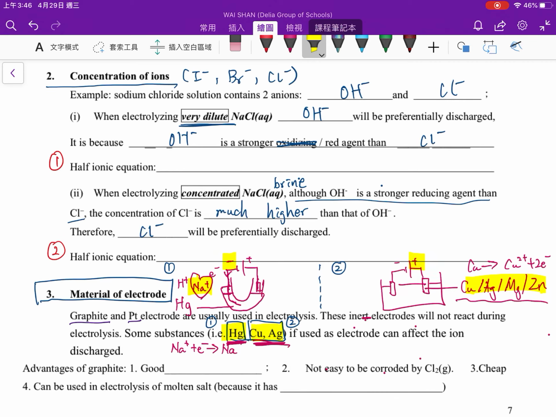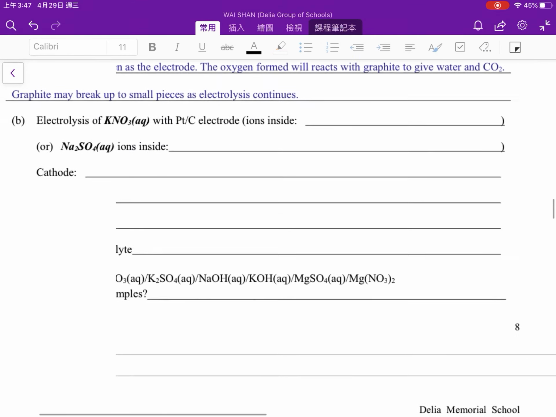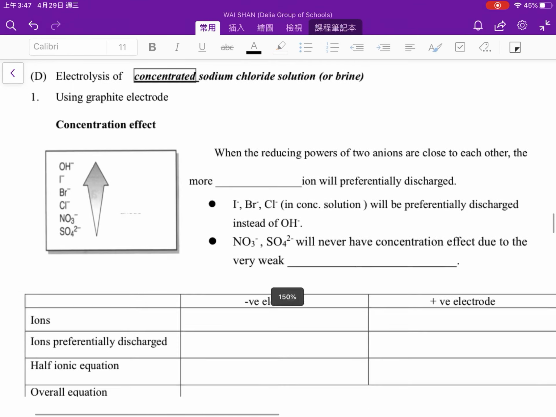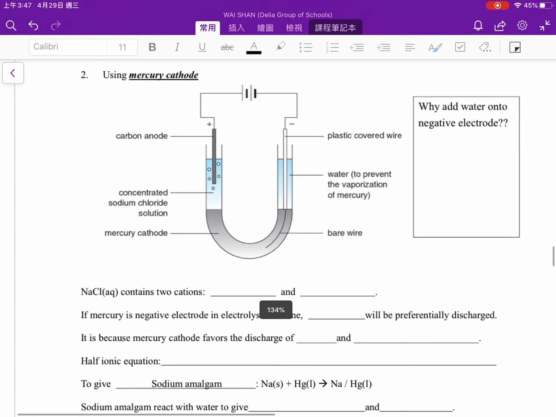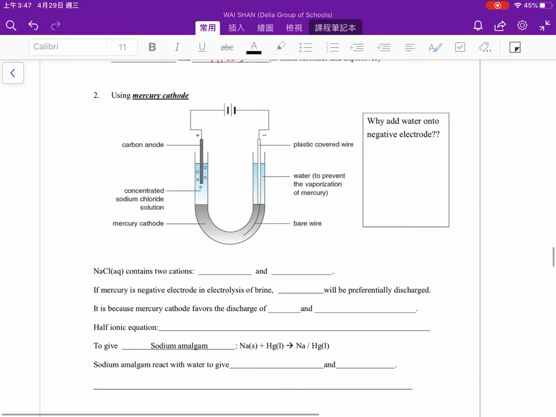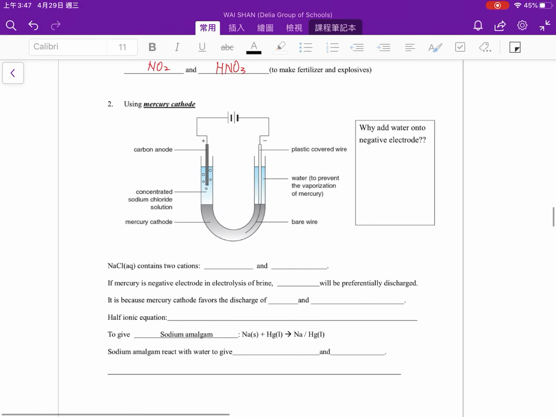So what you need to do is complete the questions marked by red pen. 3, 4 here, and here consider this, which is on page 11.